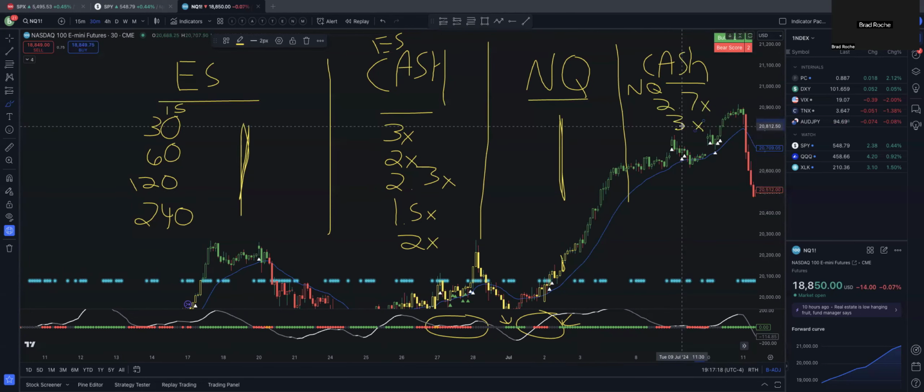So let's say you make $500 on a 30-minute squeeze or buy signal. Based off the QQQ chart, you can expect to make $1,500 per contract instead. So it's a huge difference. And then for the 60-minute, it is 3 times the amount. For the 120-minute, it's 2.4.